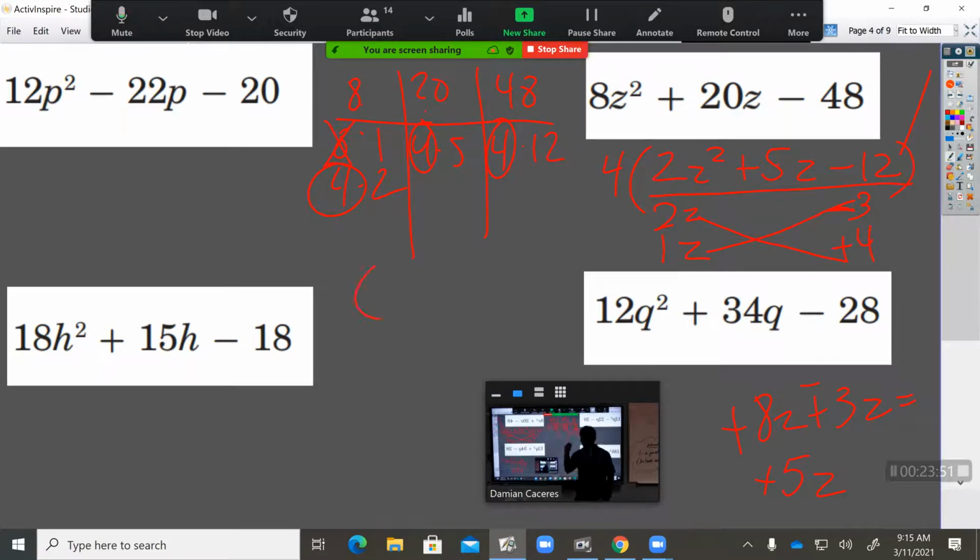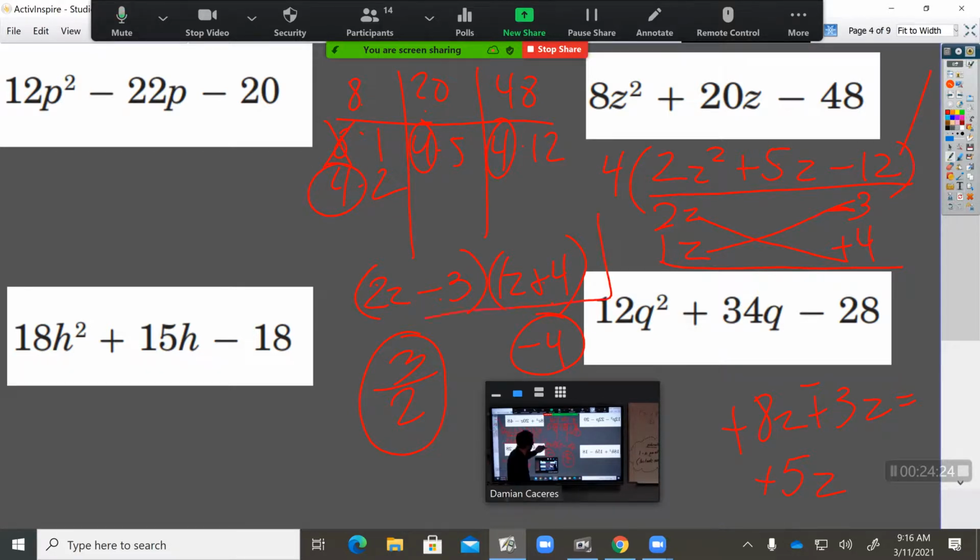So now we know 2z minus 3 is on top, and we have 1z plus 4 on the bottom. So my two solutions, change this sign, divide by the coefficient. In this case, there is no coefficient besides that 1, so we just change that sign.